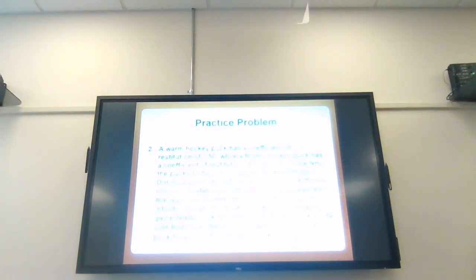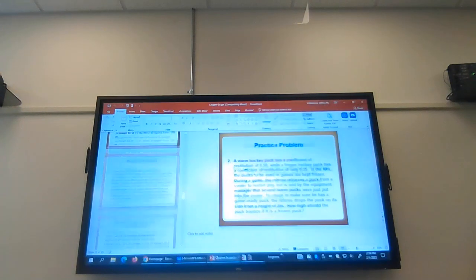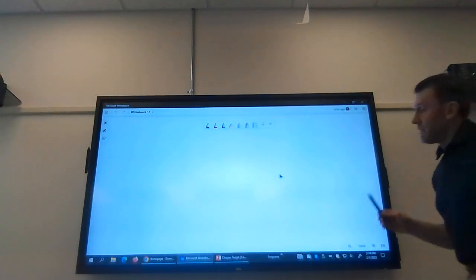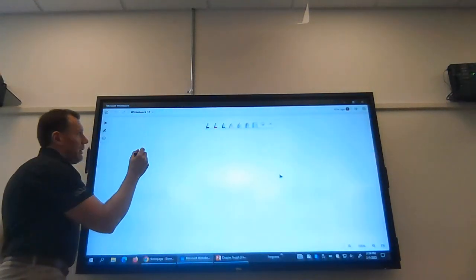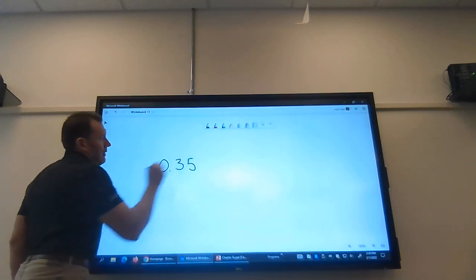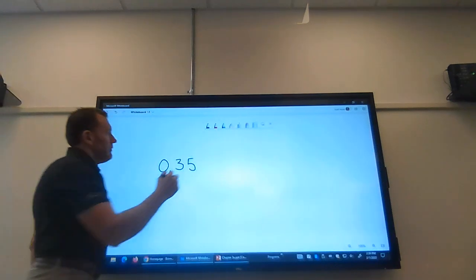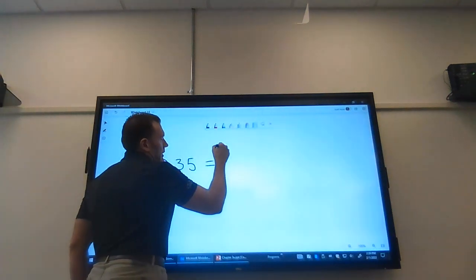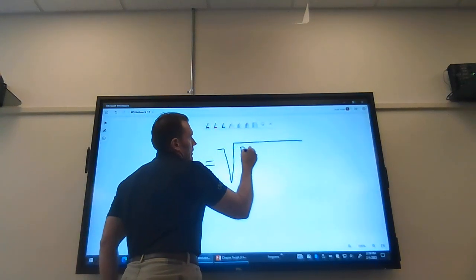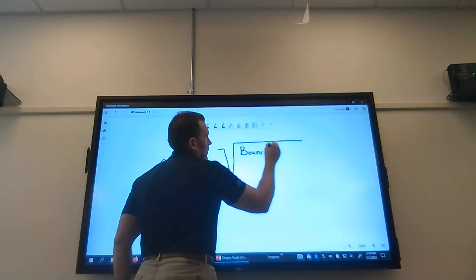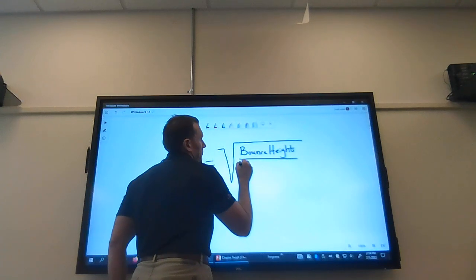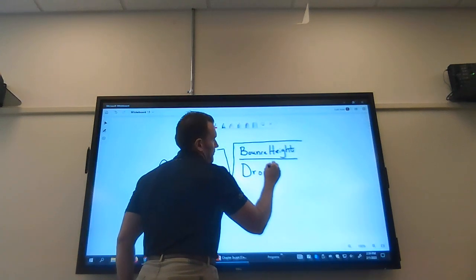So we write down what we know: 0.35 is the frozen puck coefficient of restitution, and that's equal to the square root of our bounce height divided by our drop height.